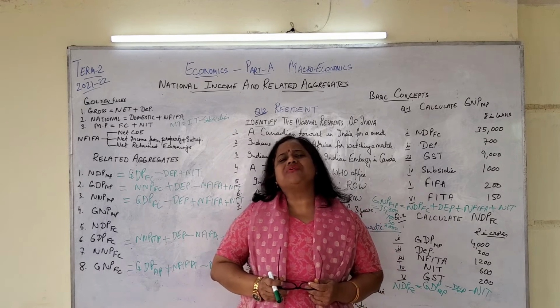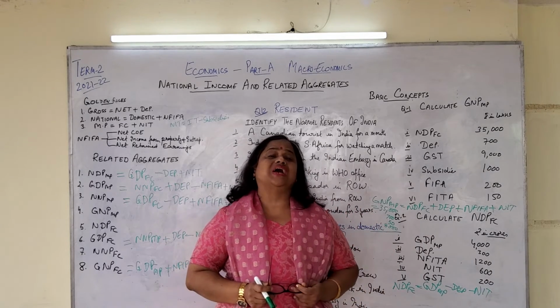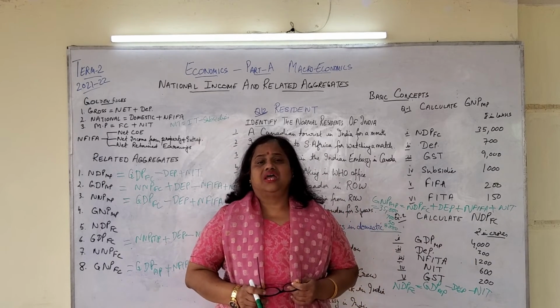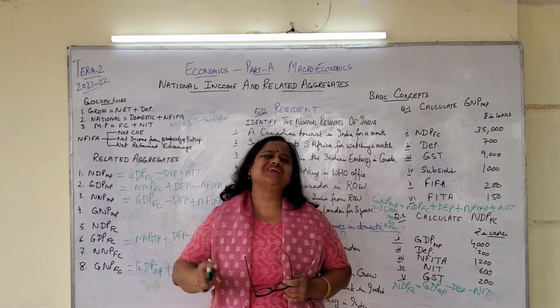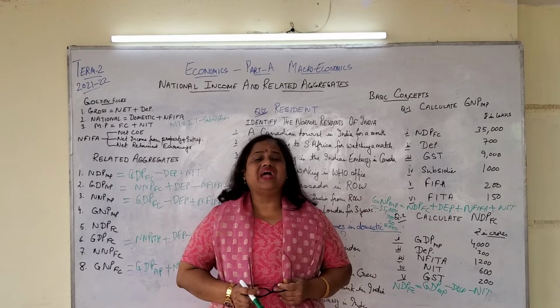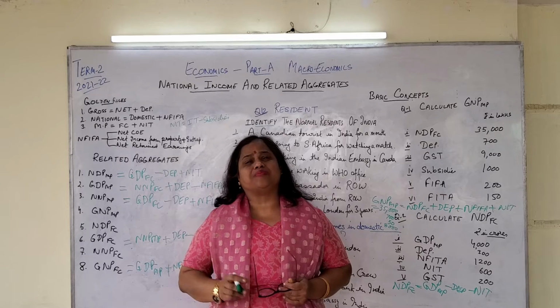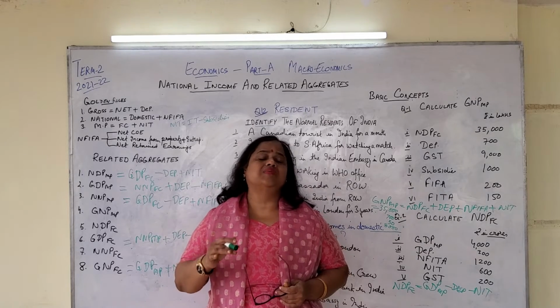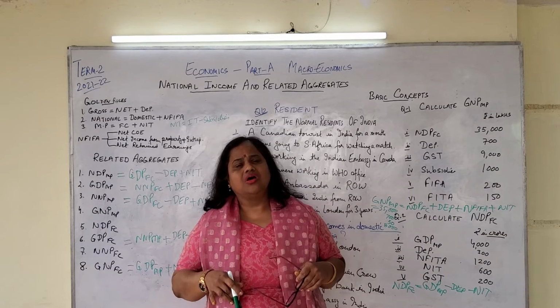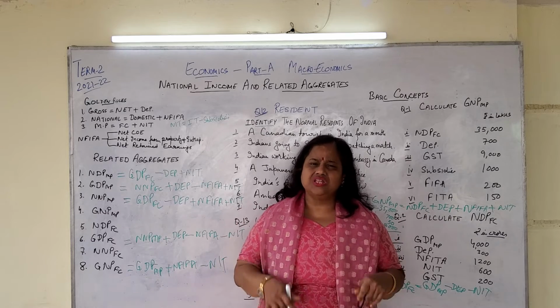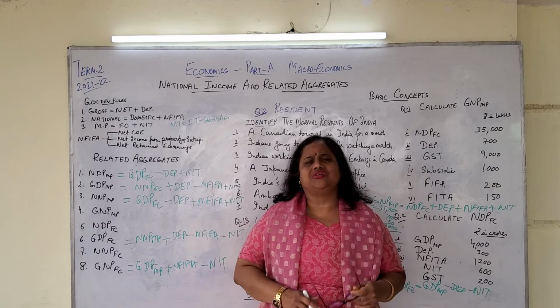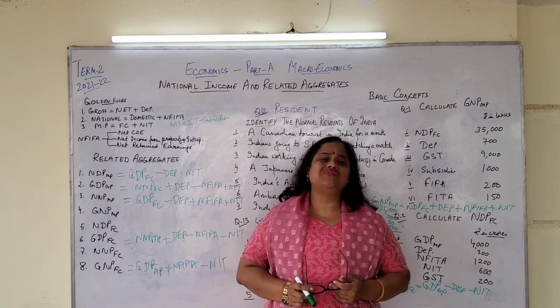Net factor income from abroad is factor income earned by the residents employed abroad for less than 1 year, and you subtract from this the income paid to non-residents within the domestic territory, employed within the domestic territory for less than 1 year.